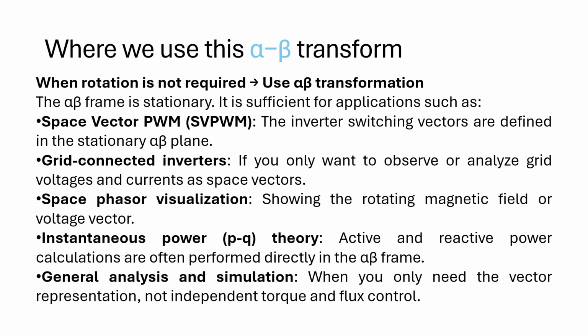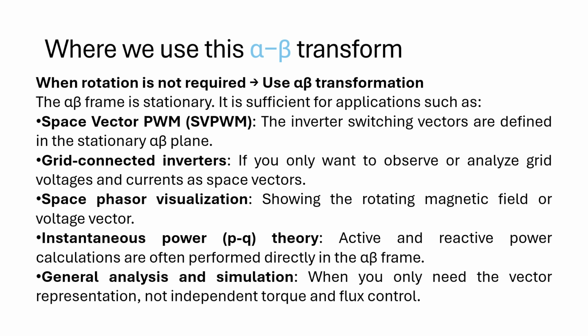It is sufficient for applications such as SVPWM, space vector pulse width modulation, to generate reference signals for the switches. We can convert rotating ABC phasors into stationary alpha beta components, and then generate the PWM signals to all the switches of the inverter.